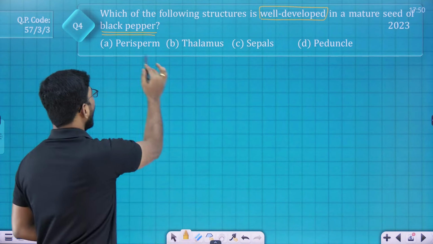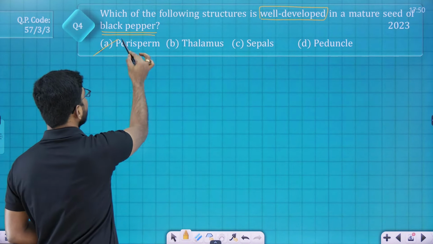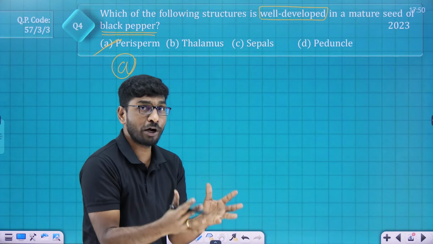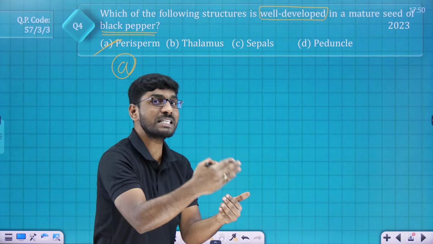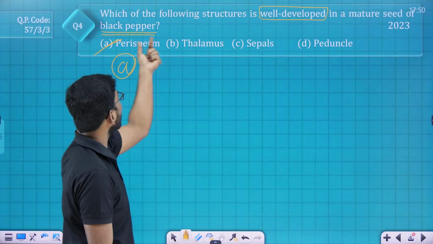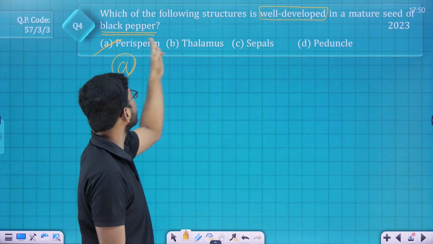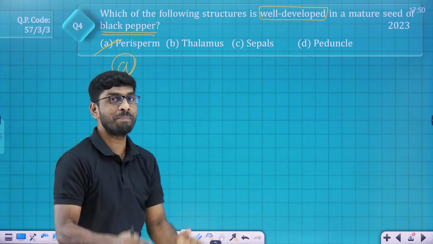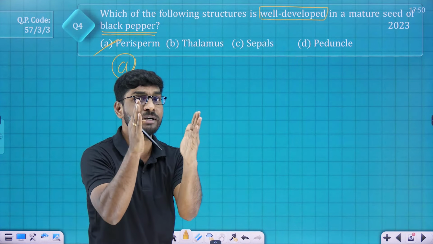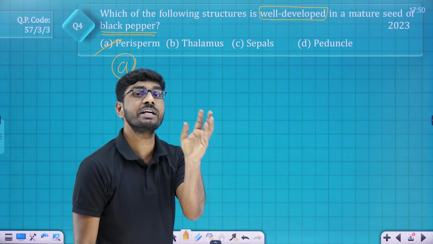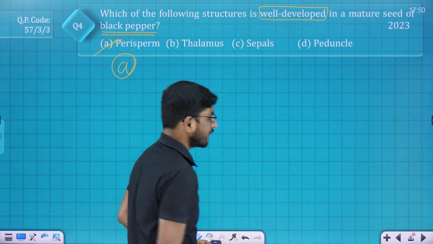So our answer is perisperm. The diploid tissue nucellus which is persisting, we call perisperm. Perisperm is nothing but persisted nucellus which is diploid, and it is a nutritive tissue. Keep in mind.